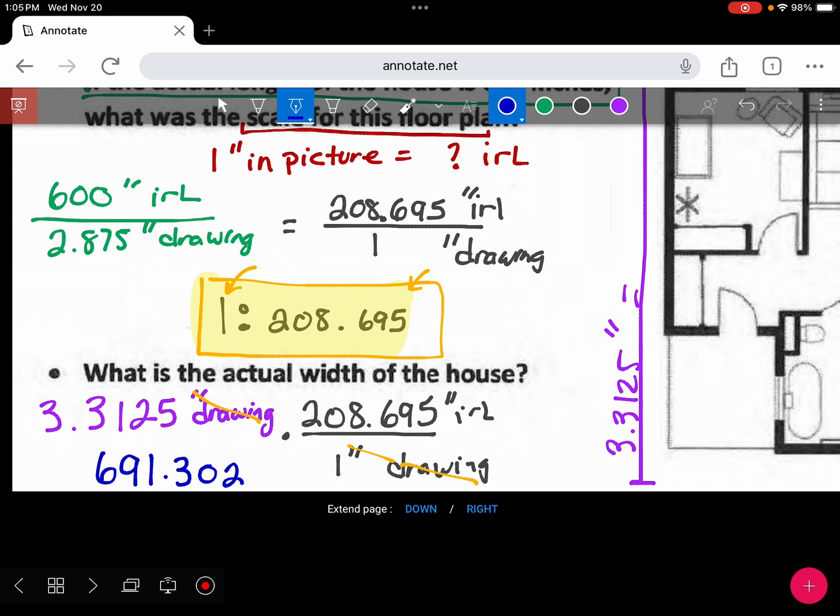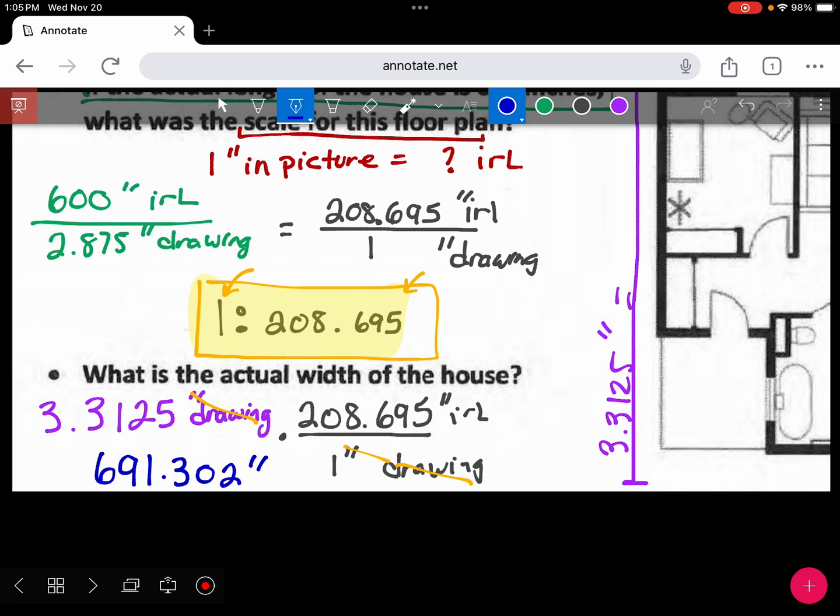Yeah. Cool. Inches. So it's using that unit conversion, again, just in a slightly different way with our scale. Okay. Questions on that bit? Yeah, that's our width. So we take the drawing times the scale and we get our width. Because it's taking our units of the drawing and converting it to in real life measurements.